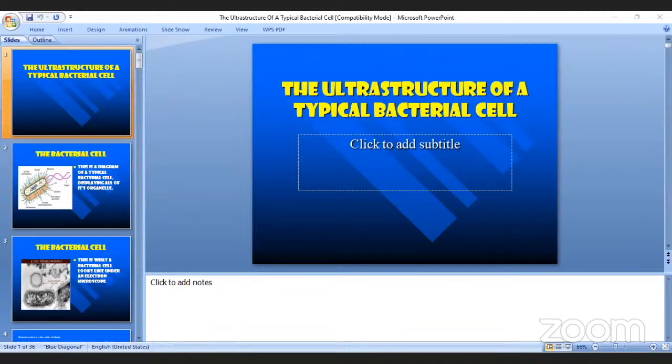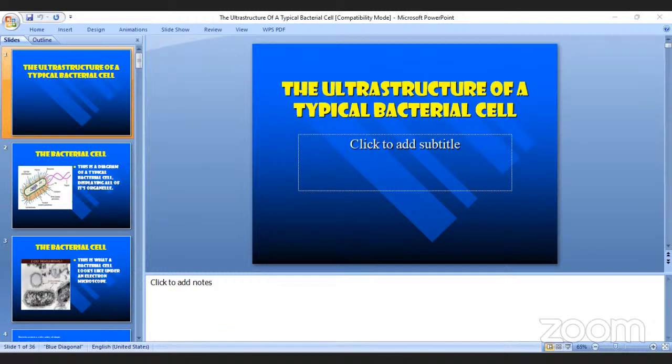The next is economic importance of bacteria. These three are very important. Bacteria structure and reproduction are based only on diagrams, but economic importance you can read yourself. First read it, and if you have any doubt, ask me, I will explain.